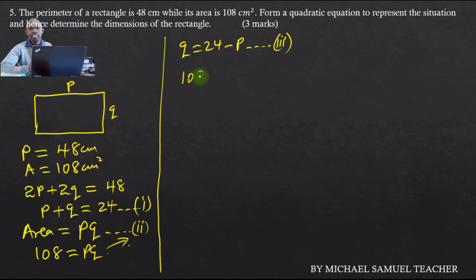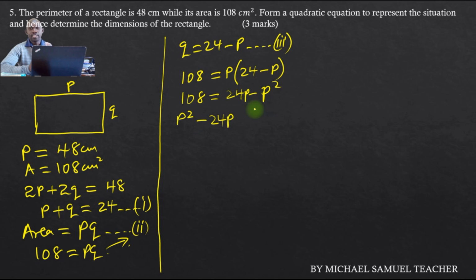Therefore we have 108 is equal to p times 24 minus p. So this will be 108 is equal to 24p minus p squared. We can rearrange all this, taking everything to the left hand side so that the right hand side is 0. So this will be positive p squared minus 24p plus 108 is equal to 0.